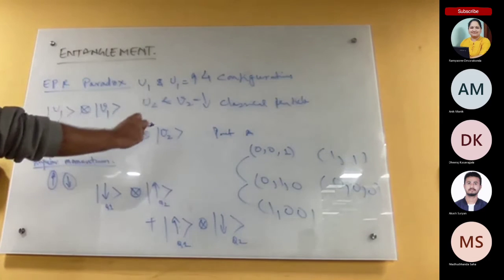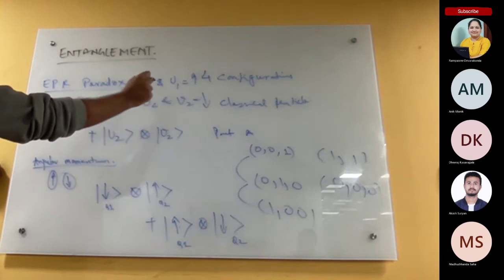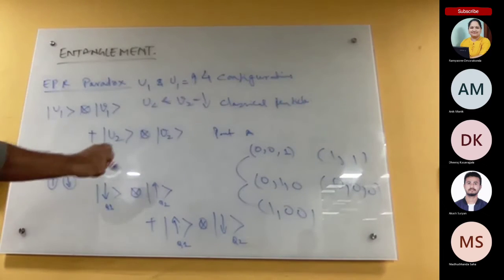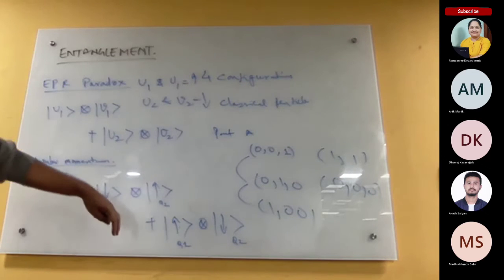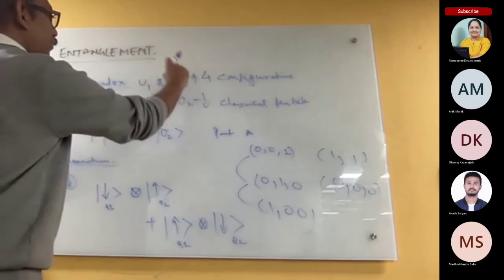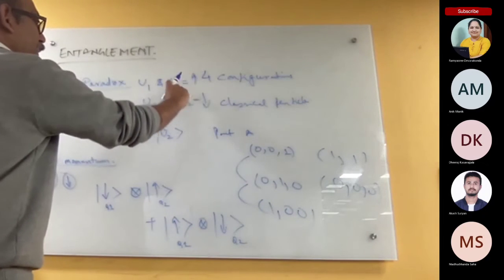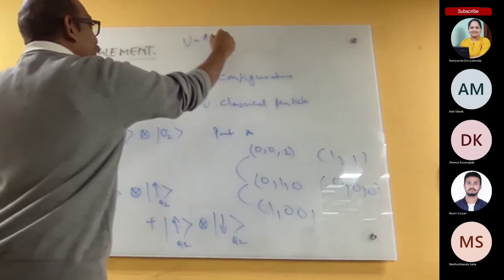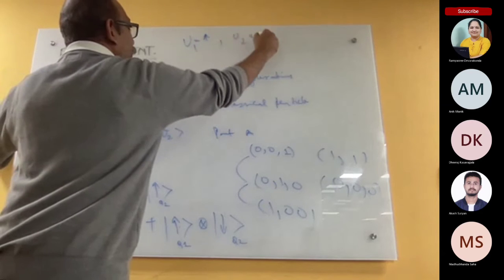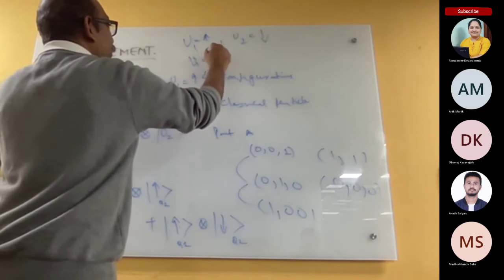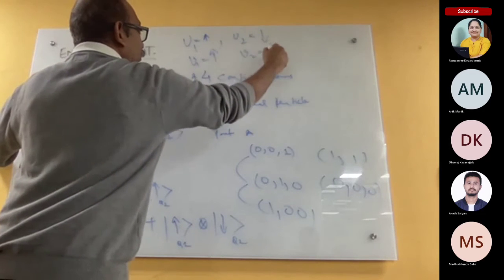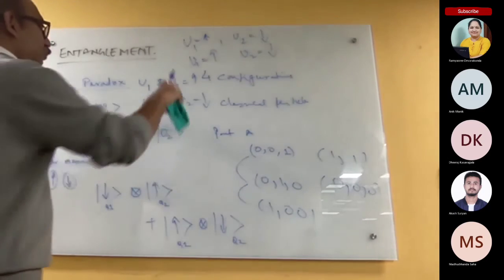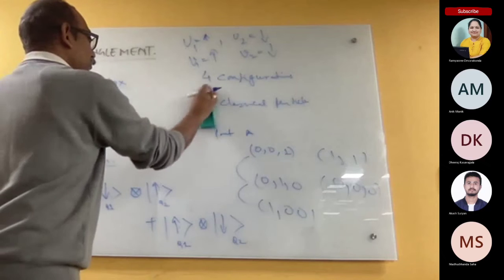It will be U1 top and U2 bottom. It has to be like that because you cannot write a state like that. So if U1 equals top, U2 has to be bottom. Similarly, if V1 is this, then V2 equals the opposite. Okay, so this is not right. Sorry about that.